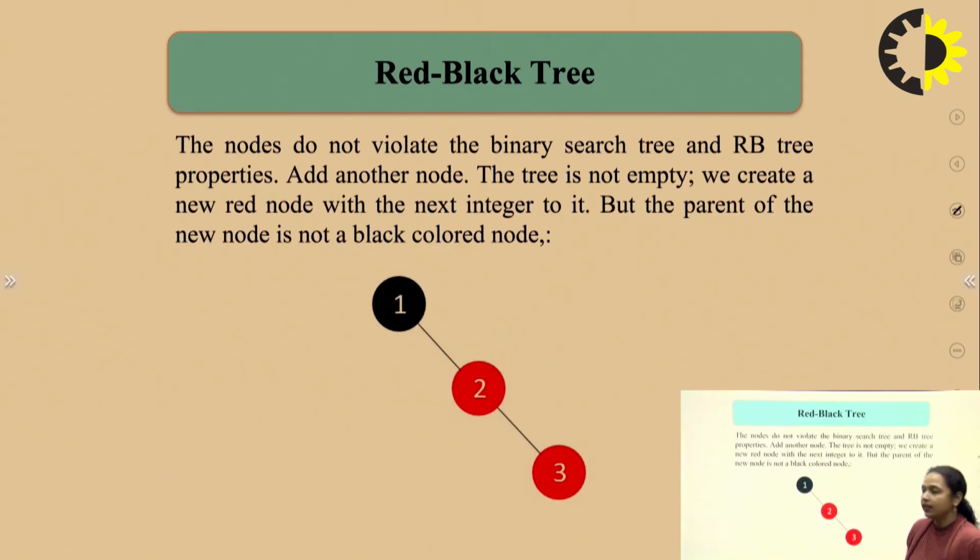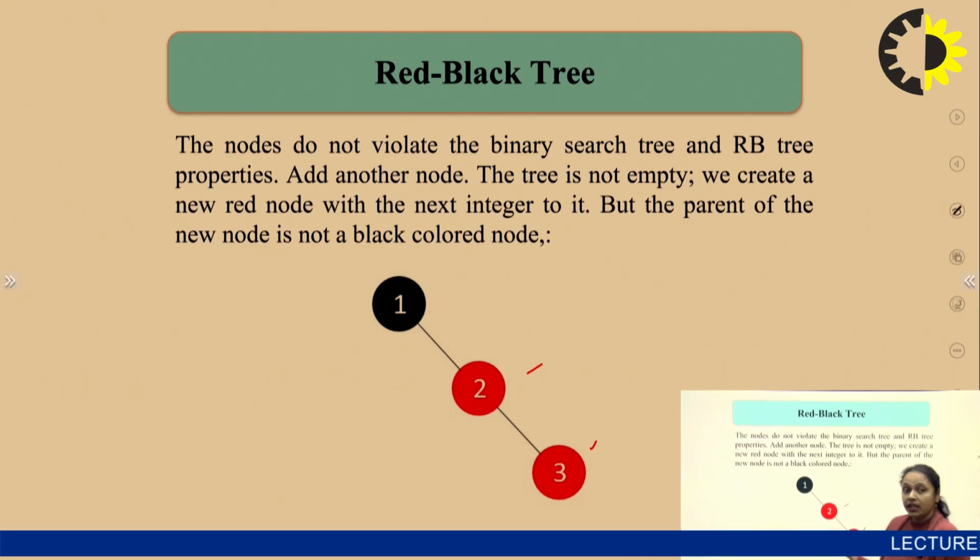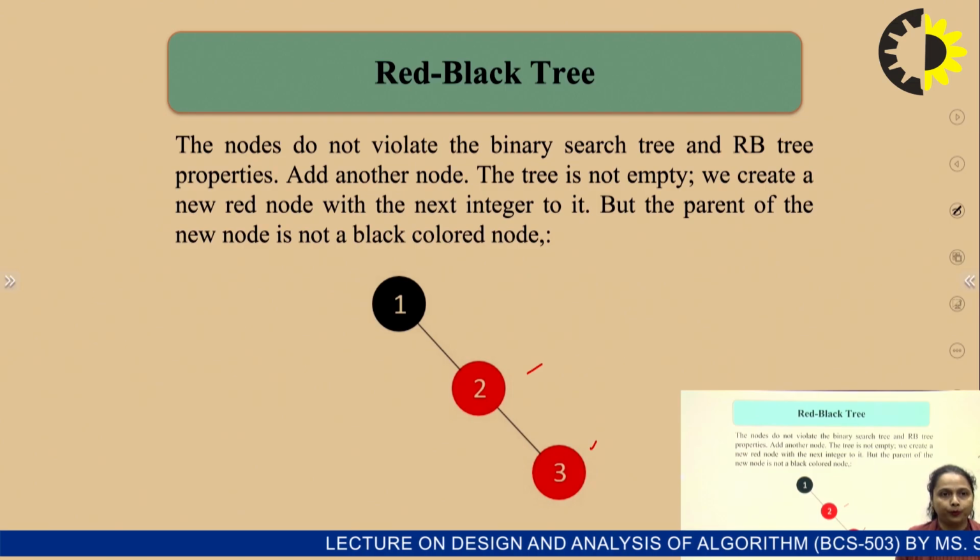When we insert this, you can see that the property of the red black tree is violated because there are 2 adjacent red nodes. And what property is violated? Which case will be applied here? We can see here that the new node has a red parent, means case number 2.